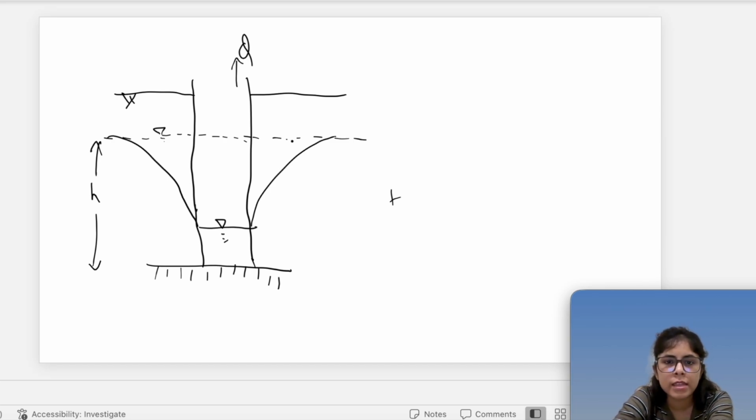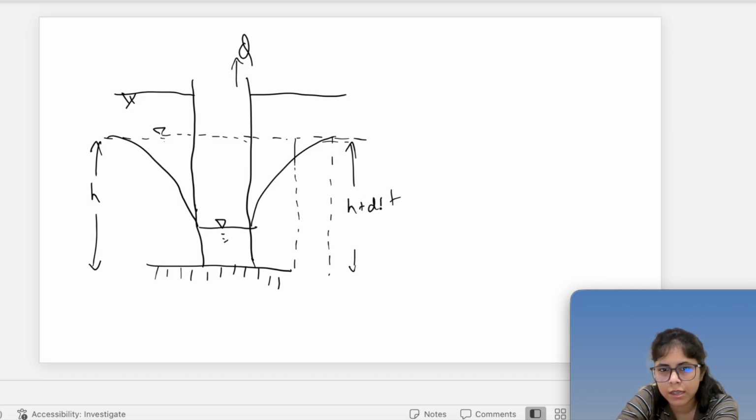And let's say we have an influence well. The influence well's height is h plus dh, its radius is dx, and its distance from the well is x.